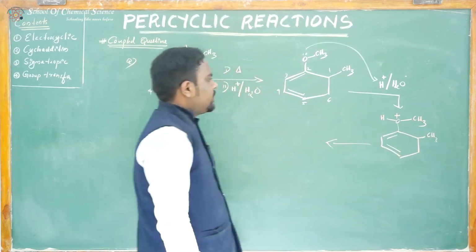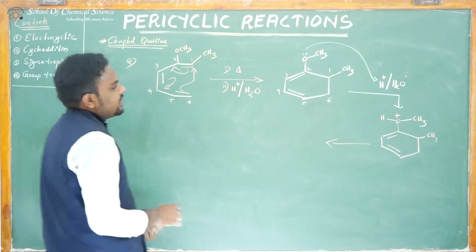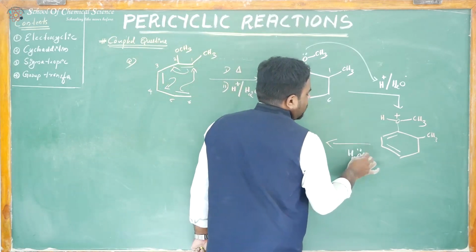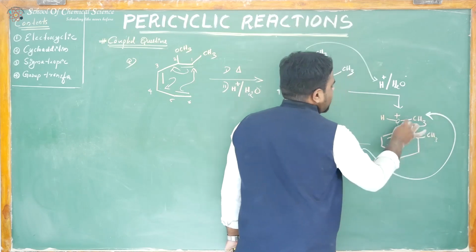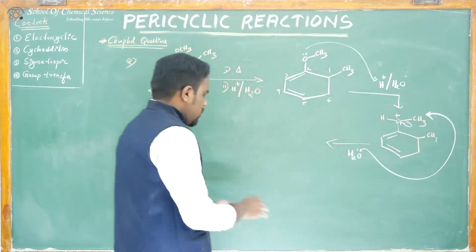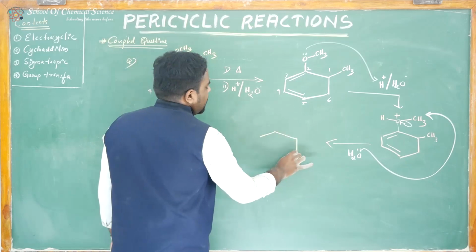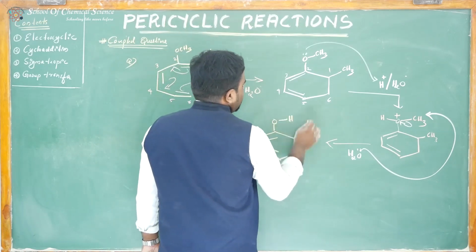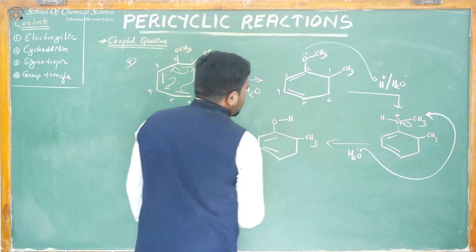In the next step, H2O, SN2 backside attack. So you will get an enol: ring, pi bond, OH, CH3.